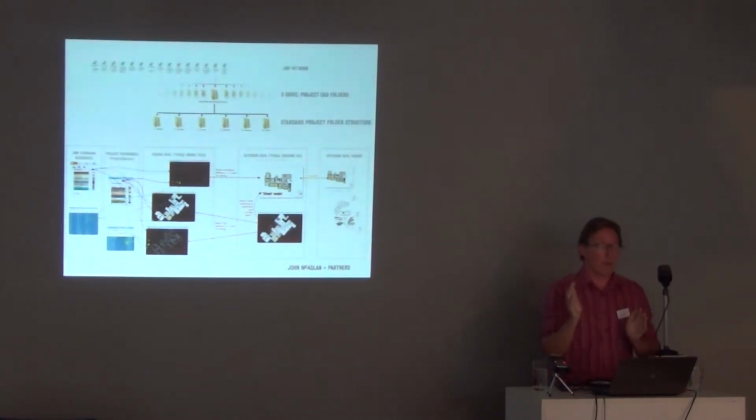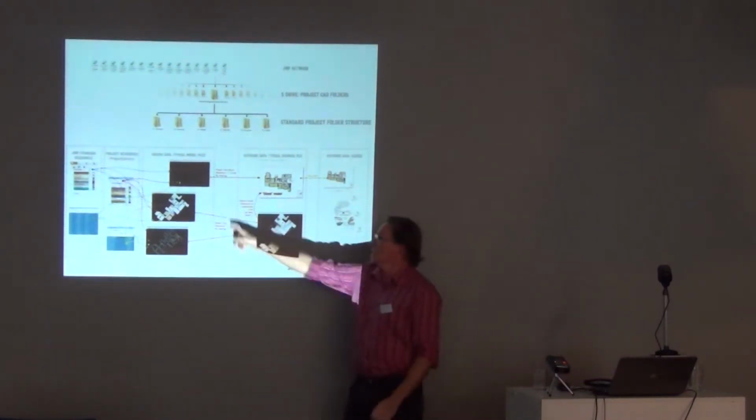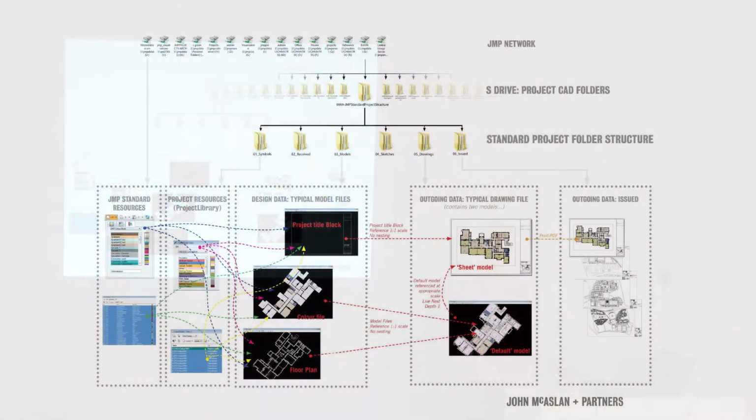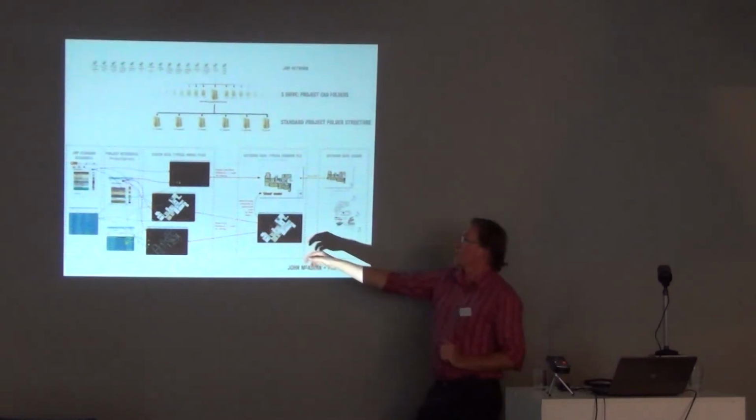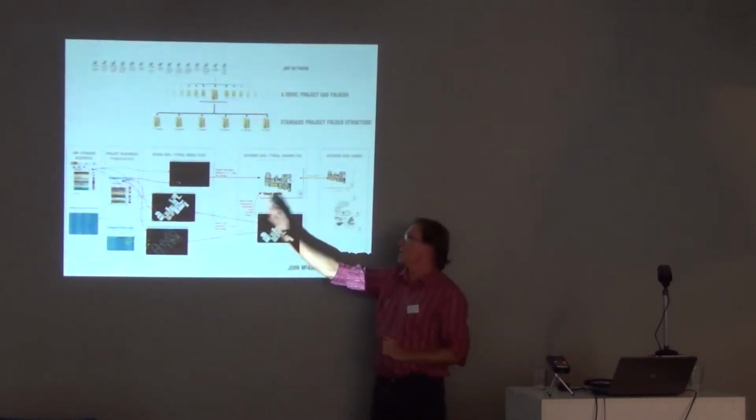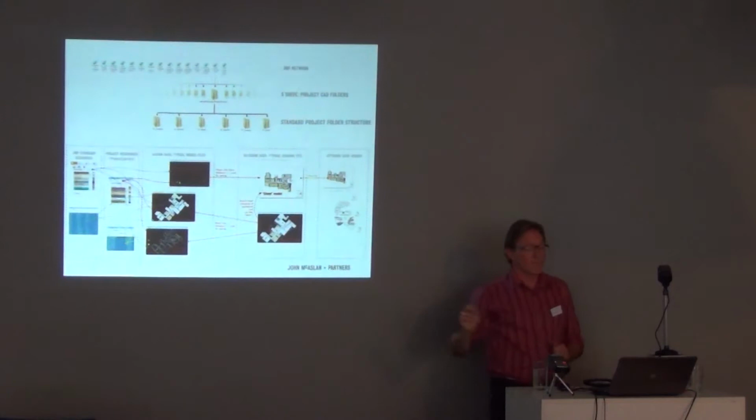And I hope this is making sense, but the design, in effect, takes place here. And the design for any project will be composed of many, many different files containing disaggregated data. And what's important is the combination of those bits of disaggregated data into the final product.